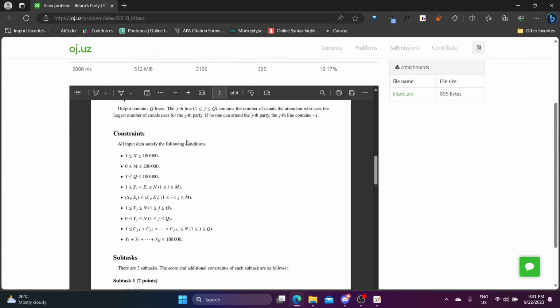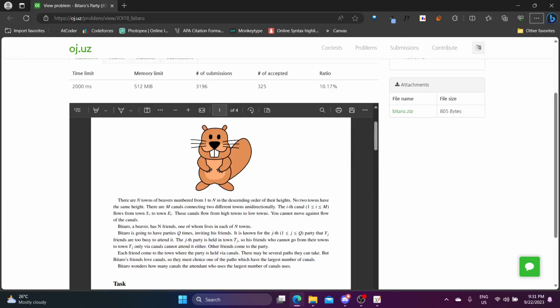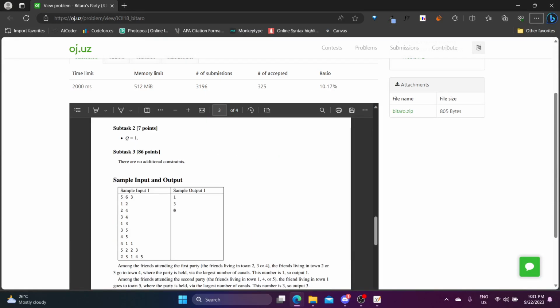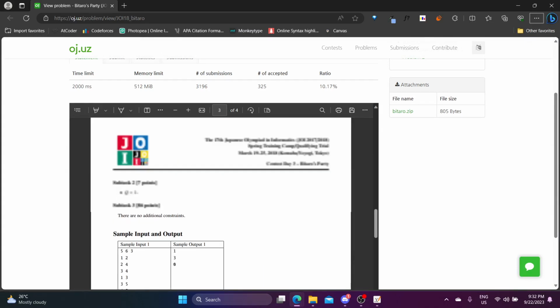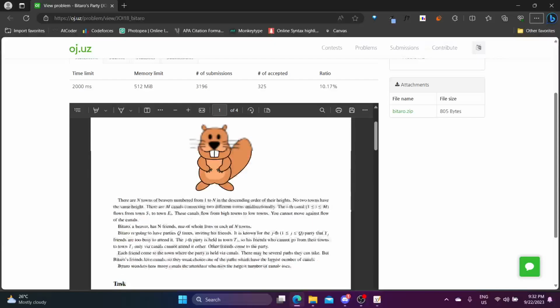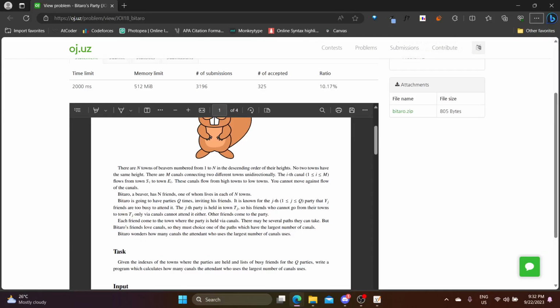So in this problem you are given a directed acyclic graph and you want to calculate the longest path from any vertex to a certain vertex.